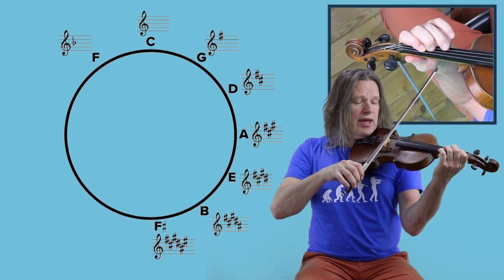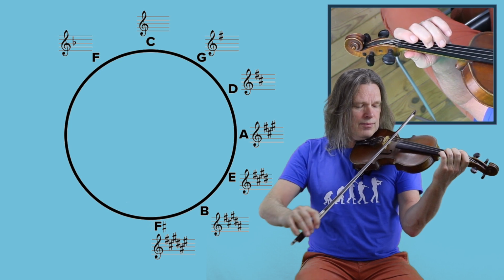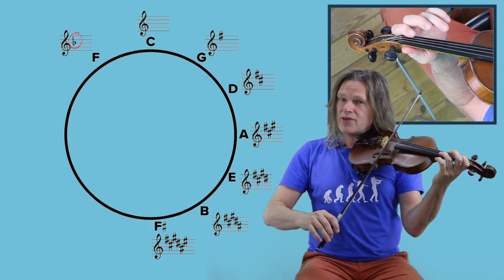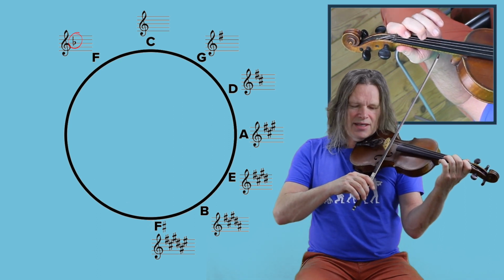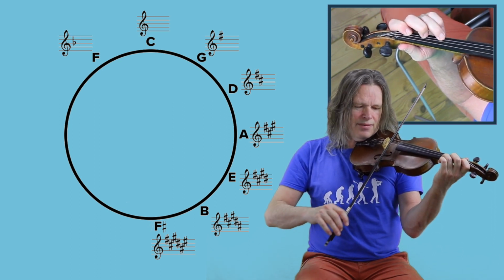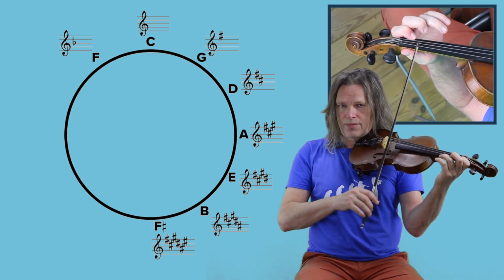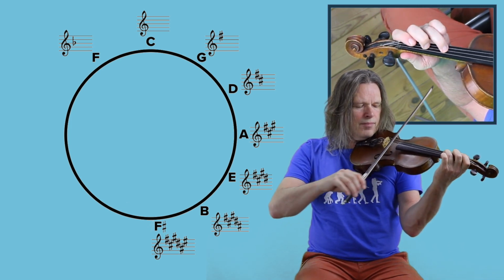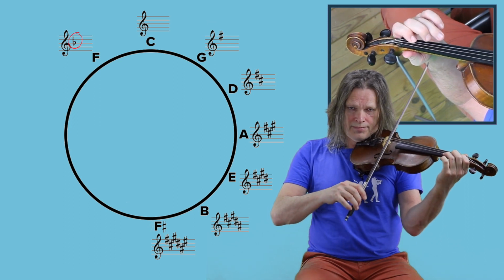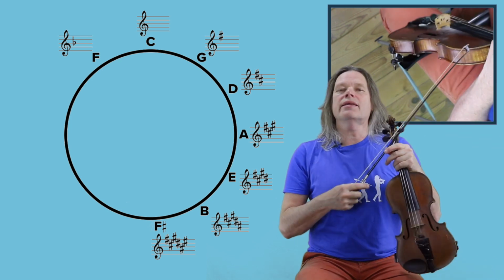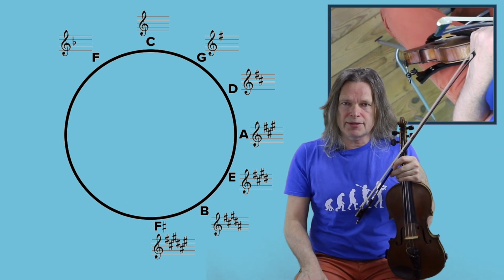I started with F, G, A, B flat, C, D, E, and F. B flat. 1 flat in the key of F, right?